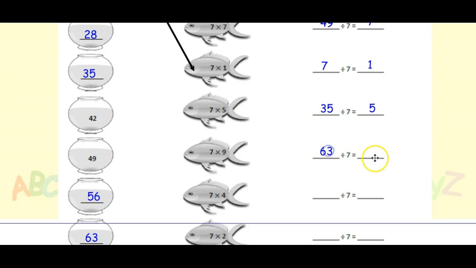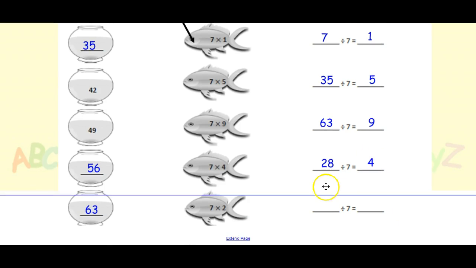And 63 divided by 7 is 9. 7 times 4 is 28. And I know that 28 divided by 7 is 4. And the last one, 7 times 2 is 14. And I know that 14 divided by 7 gives me 2.